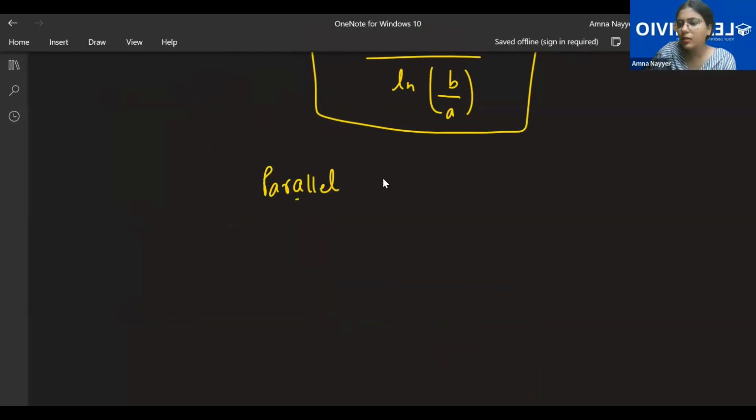Parallel plate capacitors are left, and the combination of capacitors. So, parallel plate capacitors.